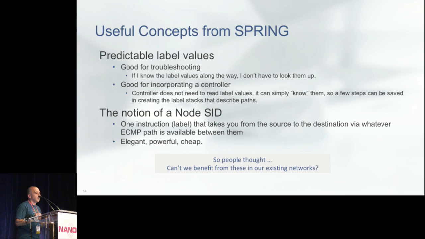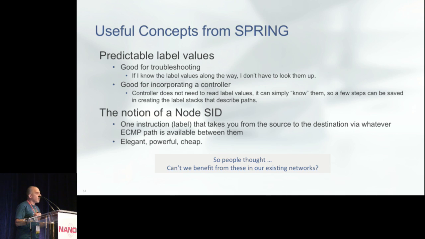It has a predictable label value, except if we're tunneling the packet, there's also value in the tunneled packet itself having a predictable destination, which is the label value. It's good for troubleshooting. It's also good if you wanted to incorporate a controller in your network, or if you wanted to source these packets from hosts that don't speak network routing protocols or label distribution protocols. So for all those reasons, there's goodness in predictable label values.